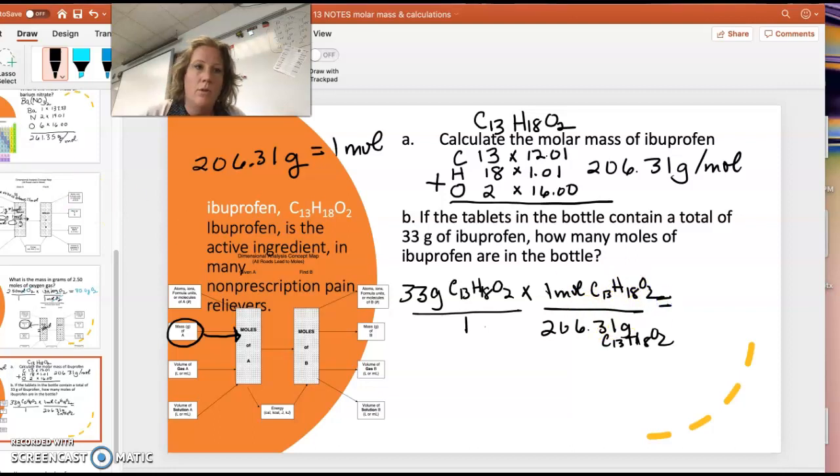So in terms of grading, you don't have to put the molecule formula in there, but I would highly recommend that you do it, because again, this is going to build later into more calculations. So the grams will cancel, and I'm in moles. So at this point with 2 sig figs, I have 0.16 moles of ibuprofen in that one small bottle.